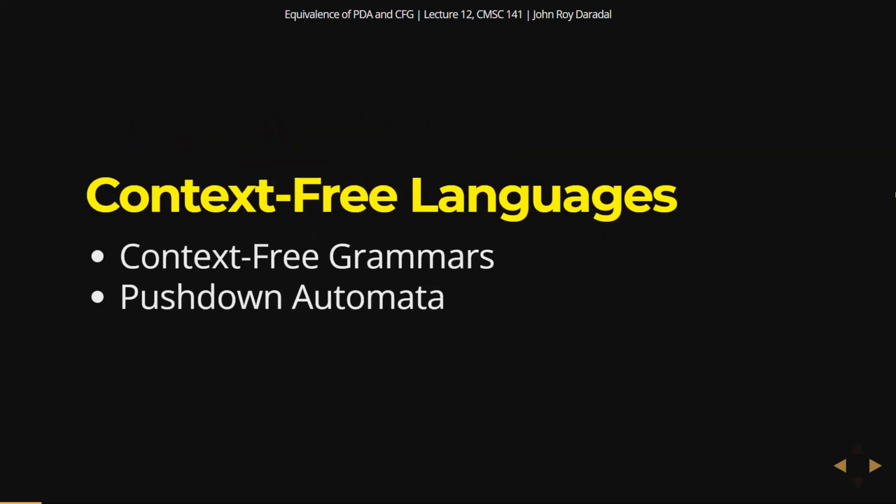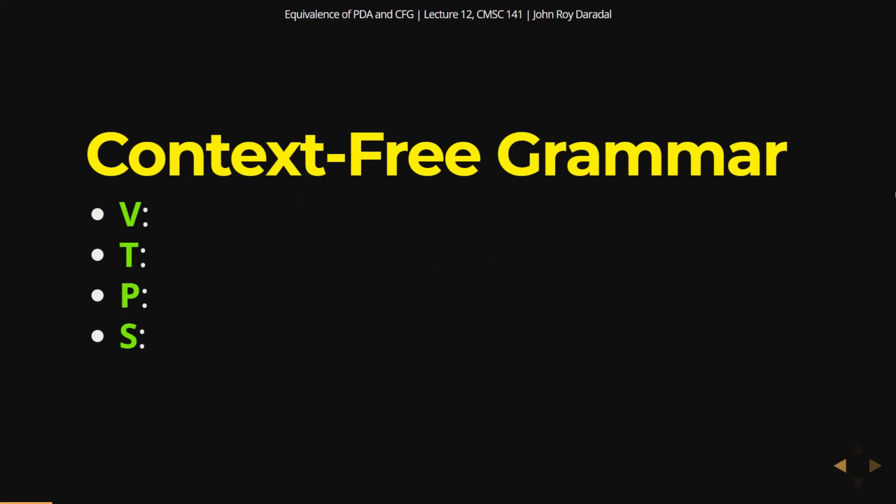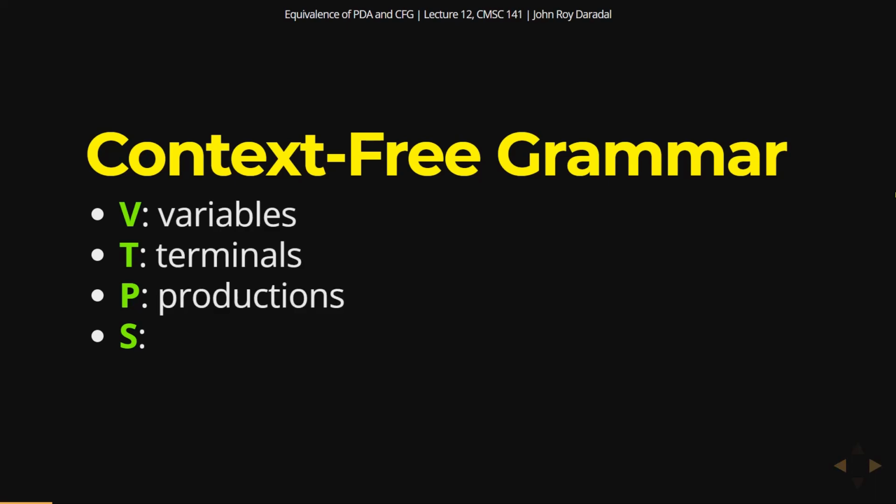So far, we have seen two notations for our context-free languages, and that is context-free grammars, which is the structural representation, and the pushdown automata, which is the automata version for context-free languages. We have seen that context-free grammars have four parts: the variables, terminals, productions, and the start symbol.